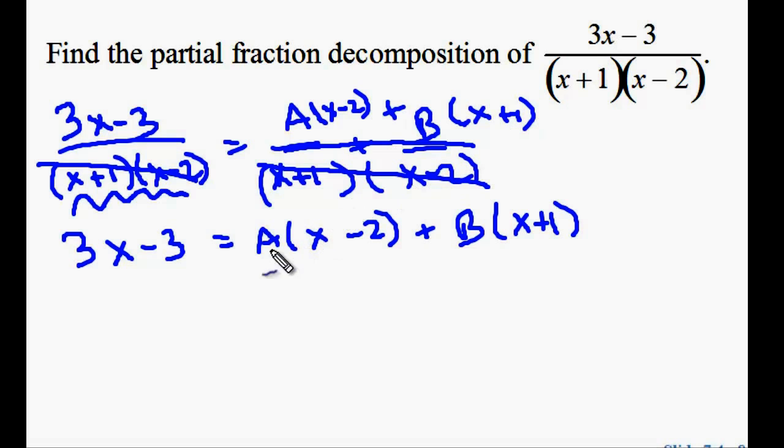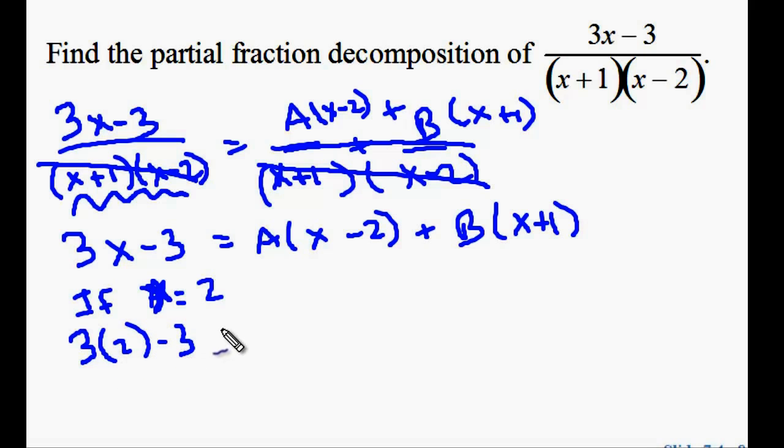Now we're going to use a little trick to figure out what A and B are equal to. We're going to pick some numbers for x. The first number we will pick will be a number such that A will be multiplied by 0. So if x = 2, then we have 3(2) - 3 = A(2 - 2) + B(2 + 1).